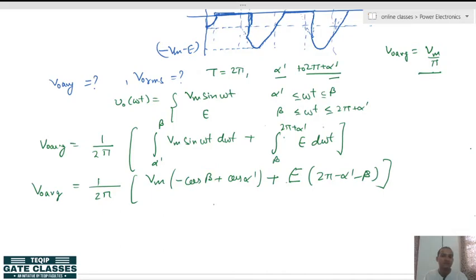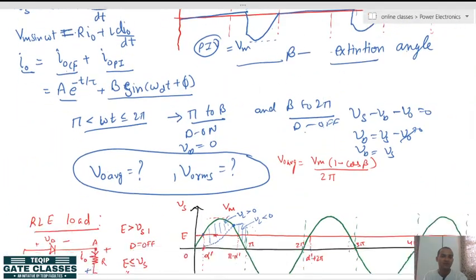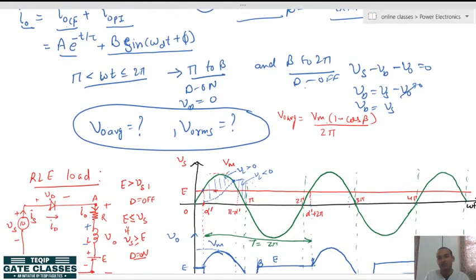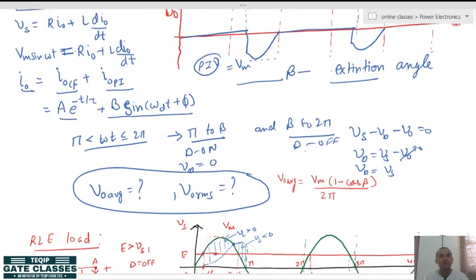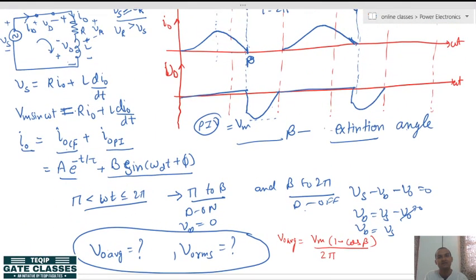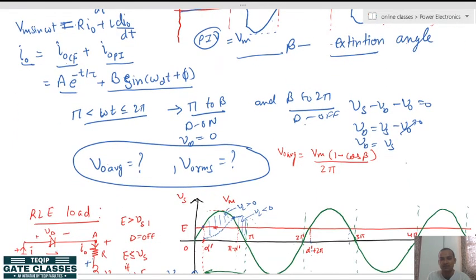Just like in RL load, we calculated the average value as Vm times 1 minus cos beta upon 2 pi. So we have to check whether this is correct. How will we check? Since beta is beyond pi, if it is a simple resistive load, then obviously beta must lie on pi.